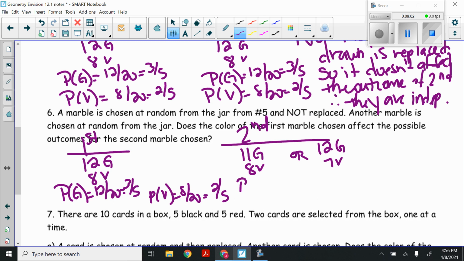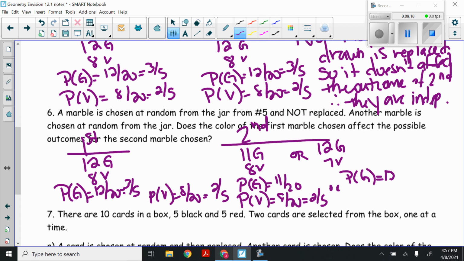So this time, my probability of getting a green would be 11 out of 20. My probability of getting a violet would be 8 out of 20, or 2/5. Or the probability of getting a green would be 12 out of 20, 3/5. Probability of getting a violet would be 7 out of 20.